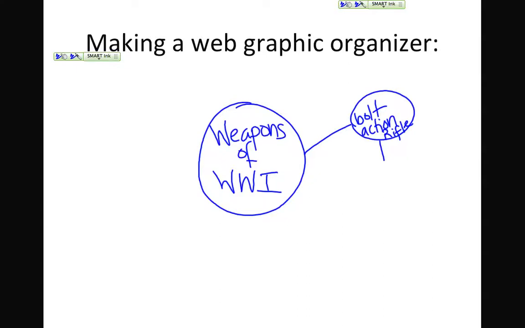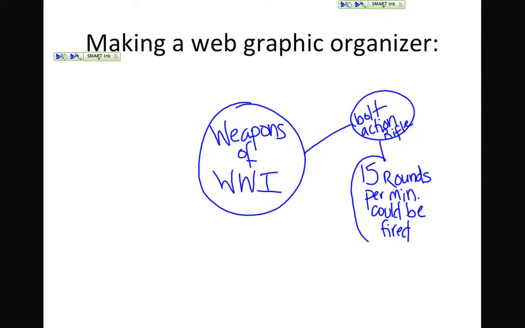Perhaps you can say that a soldier could fire 15 rounds per minute. Okay, so I'm going to write 15 rounds per minute could be fired. And of course, draw my circle around it.